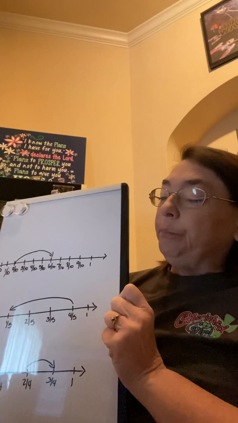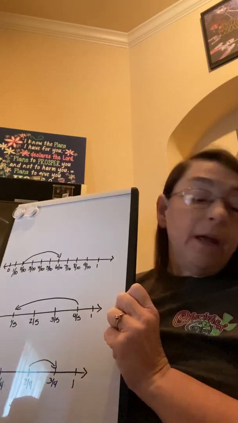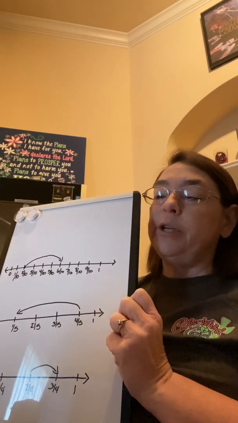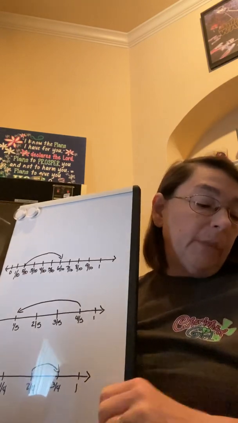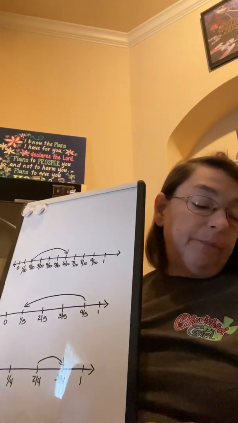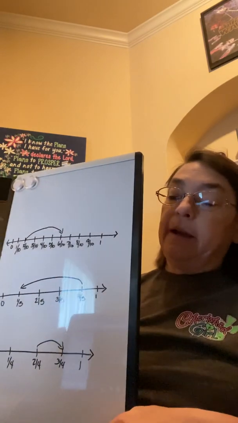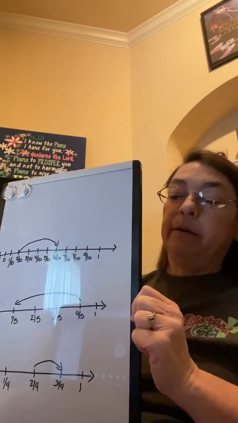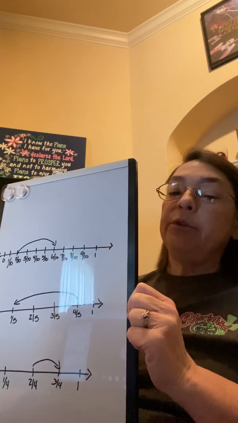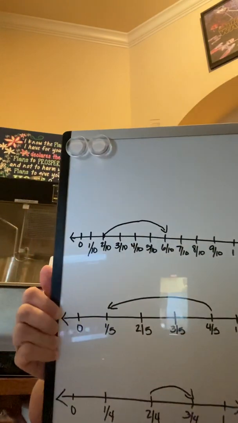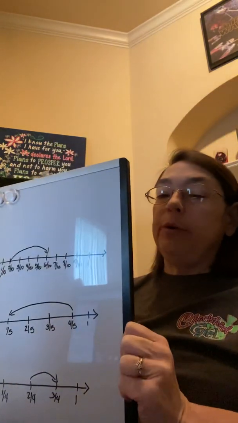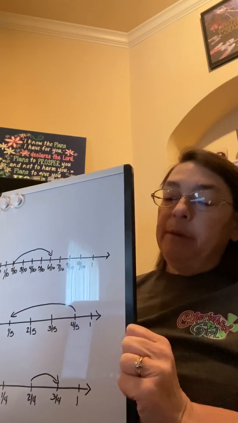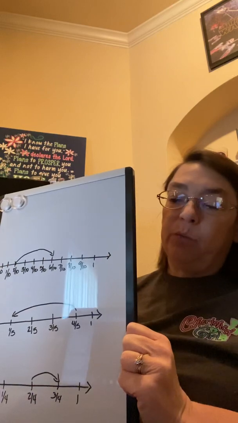All right, so the first number line I've got on the board, I am getting this from page 497 if you would like to look. Page 497. This is number 5 on that page. As you can see, I start with 0 and I go all the way to 1. My numbers are broken into tenths, starting with 1 over 10, 2 over 10, and it keeps going all the way up to 9 over 10 and then 1, because we know 10 over 10 is 1, right?